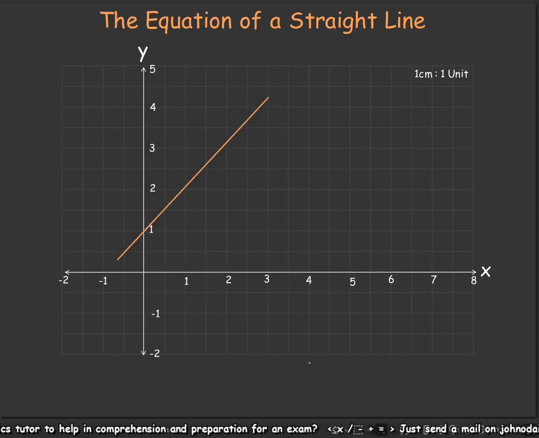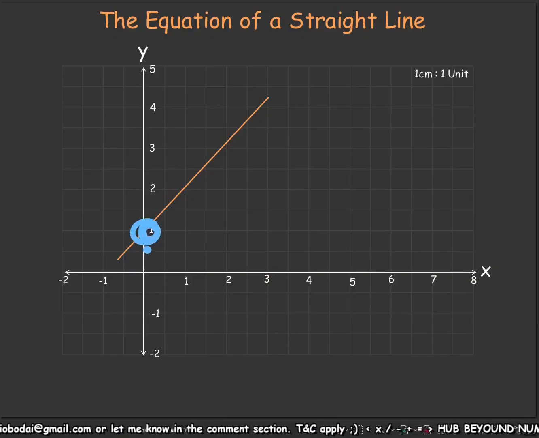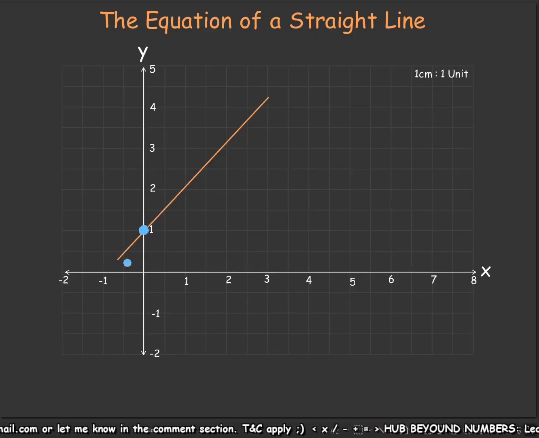And that is what we call the y-intercept, where it intercepts the y-axis. Sometimes just by looking at a line, you can even determine its y-intercept right away. For this one here, you realize that it is touching the y-axis on 1. So the y-intercept is 1.